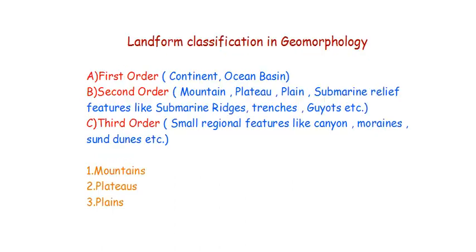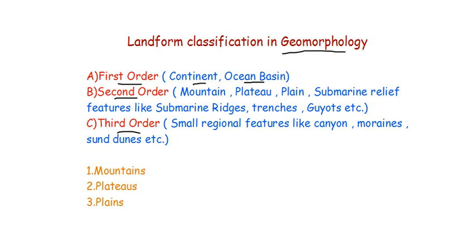In the subject geomorphology, we classify landforms into different orders. Now I will explain you about those orders. That is first order, second order and third order. Under first order we have continent and ocean basin, or we can say floor of the ocean.